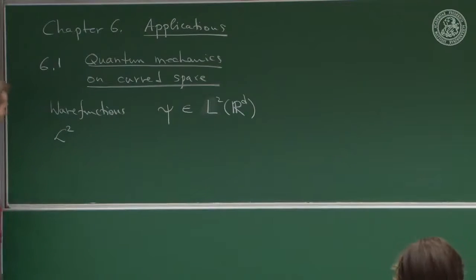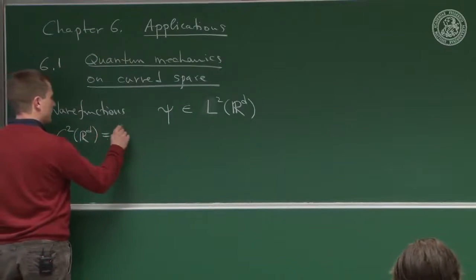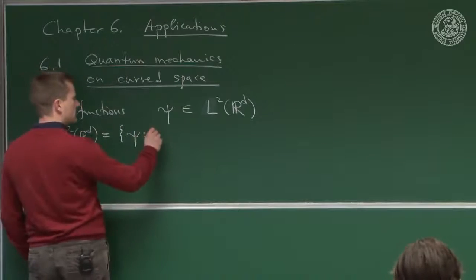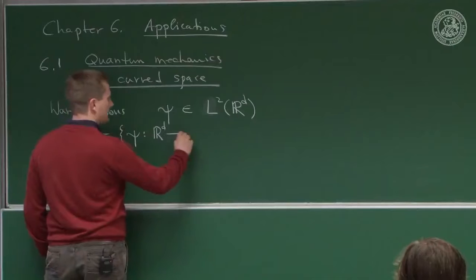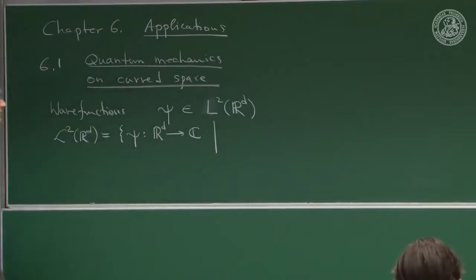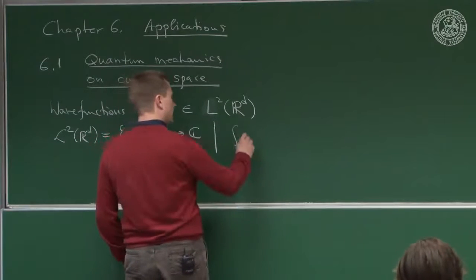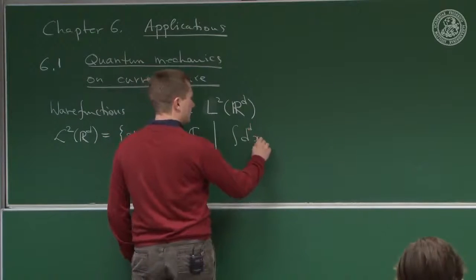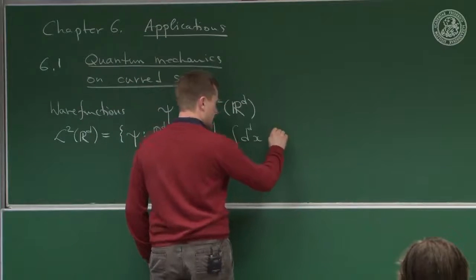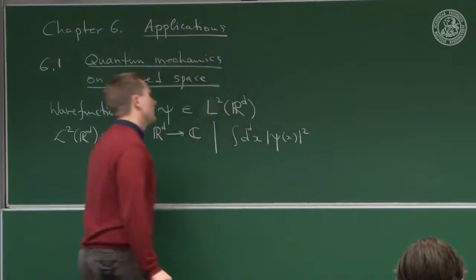Let's first have a script L2 of R^d, the space of all psi which are complex valued functions on R^d, such that a certain integral converges, namely the integral dx of the absolute value of psi squared converges.